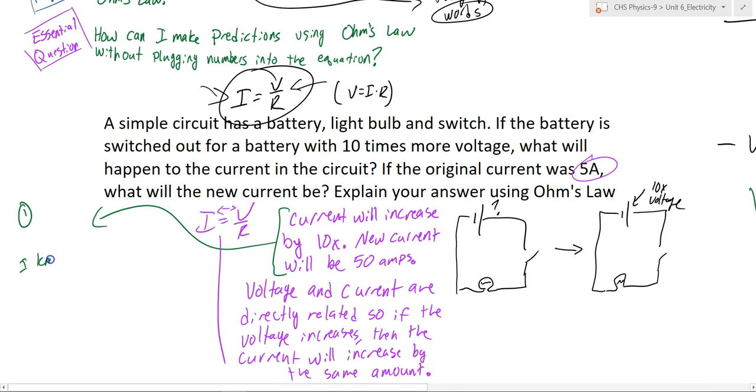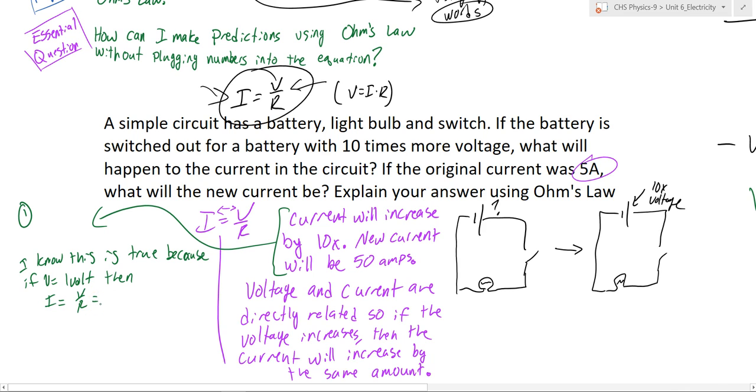I know this is true because, and then have V equals 1 volt. Then I equals V over R.